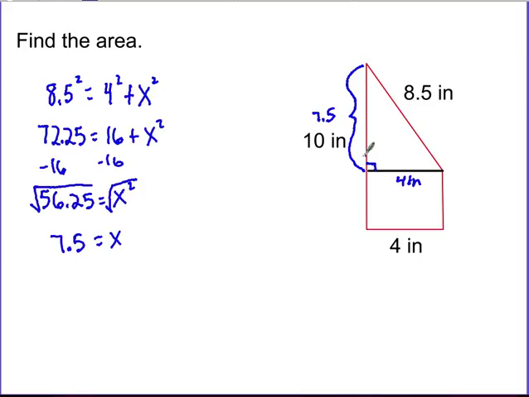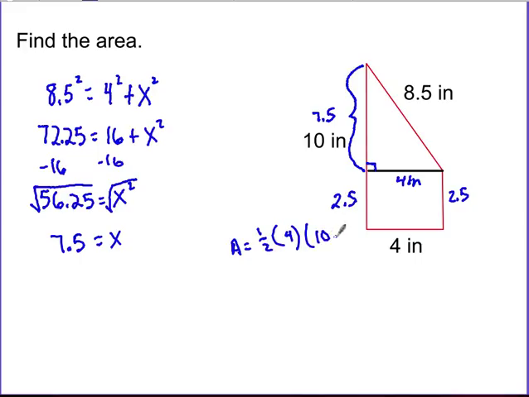Of course, now we can find this missing part of the side as well. It's going to be 2.5 inches. 2.5 plus 7.5 would give us the 10. And so we can fill in this part. Now we have both bases. So the area is going to be 1/2 times the height, which is 4, times the sum of the two bases.